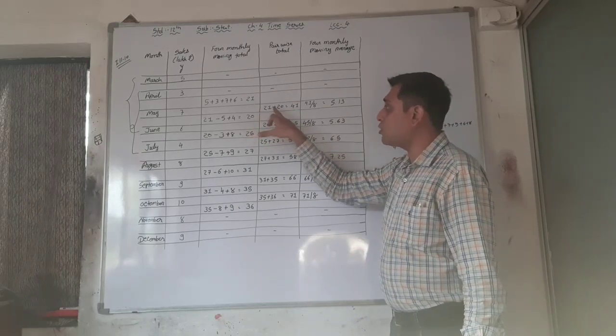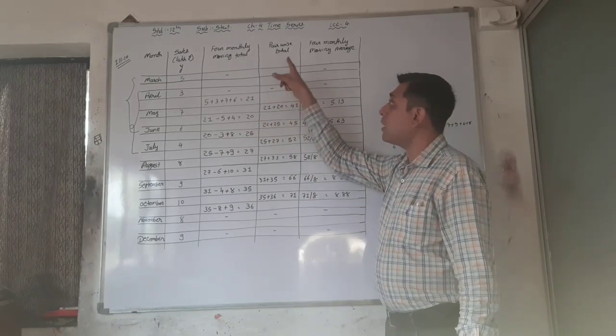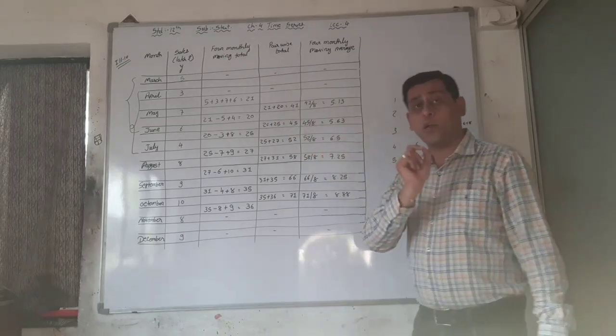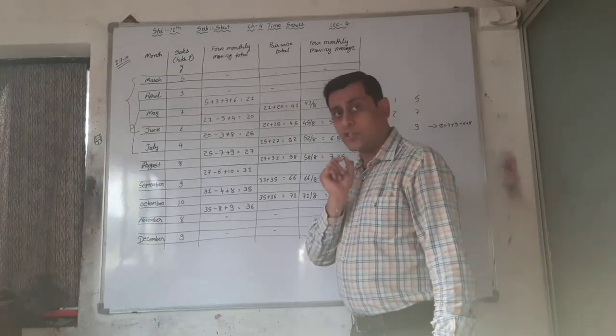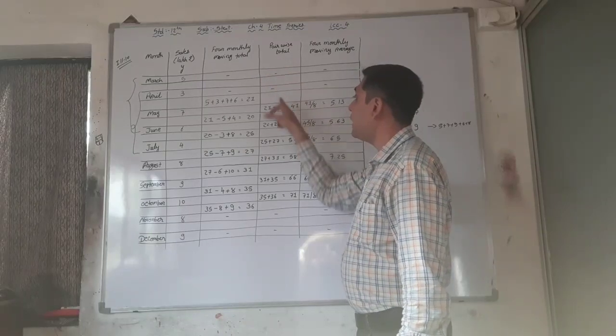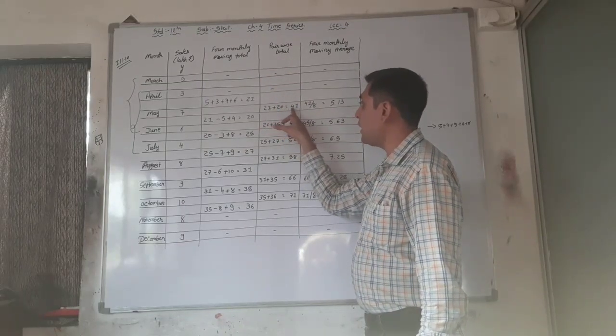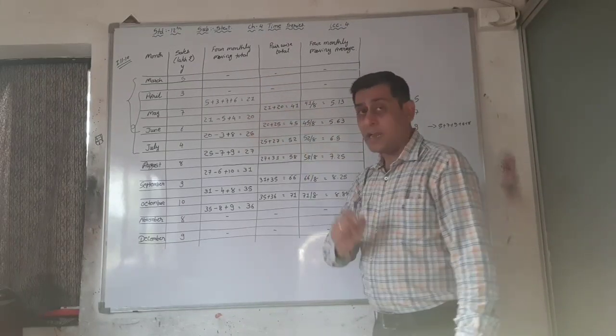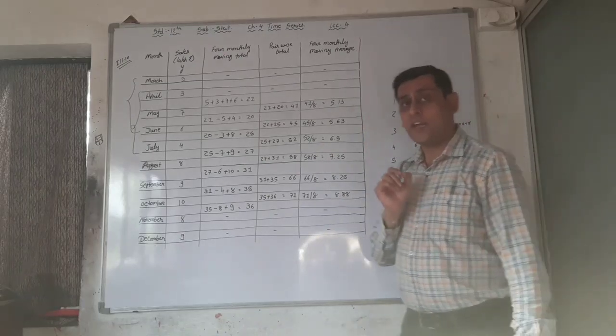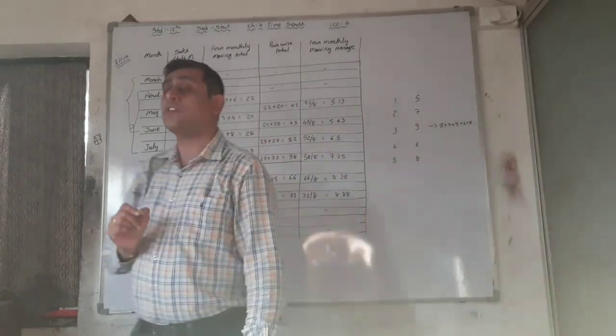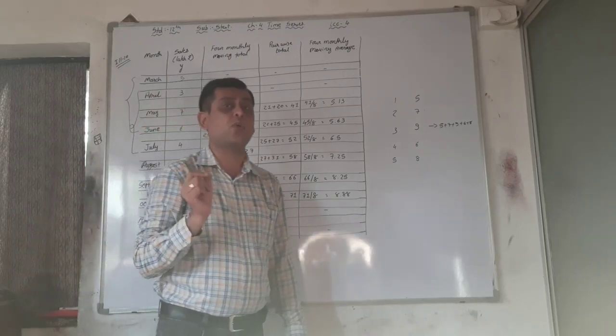So the total 8 months moving total we are writing in the middle, as a pairwise total. We have to make one extra column, that is the pairwise total, 21 plus 20, that is 41.